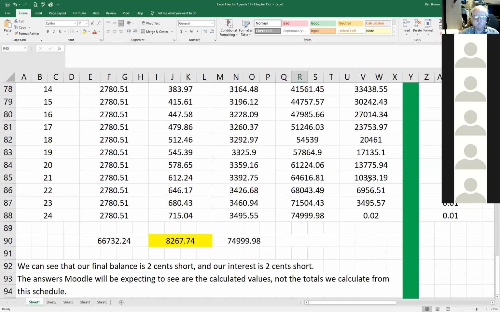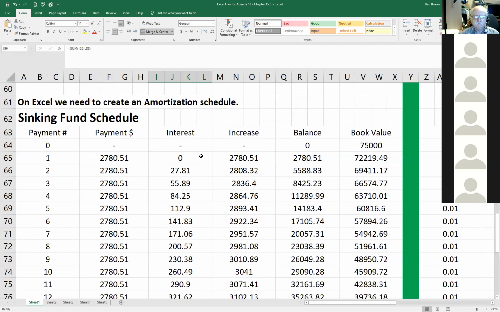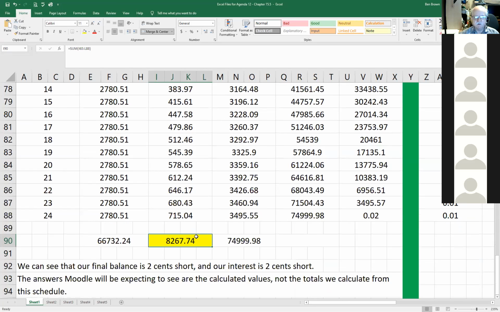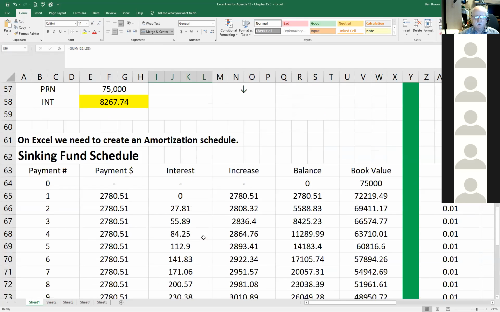But we can see that at the bottom, if we sum up this interest column, we can see how much interest we've paid. And this gives us the same answer as the BA2 plus.